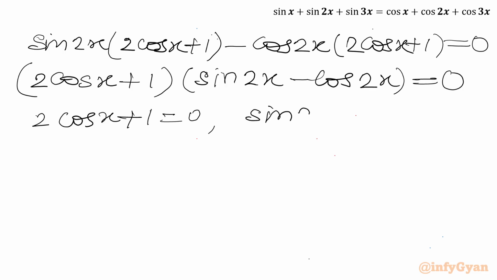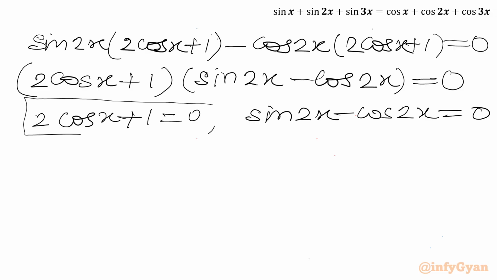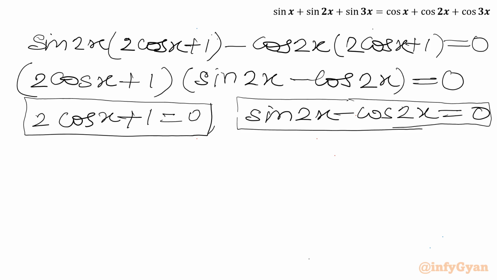sin 2x minus cos 2x equal to 0. So we have to solve these two equations. If I simplify a bit, 2 cos x equal to negative 1, cos x equal to negative half.